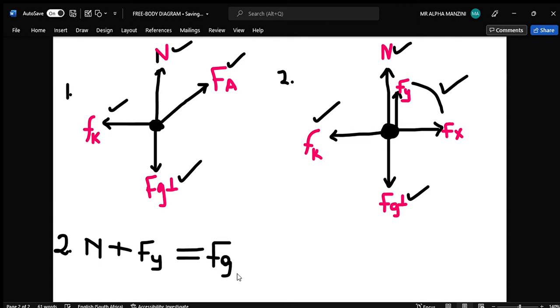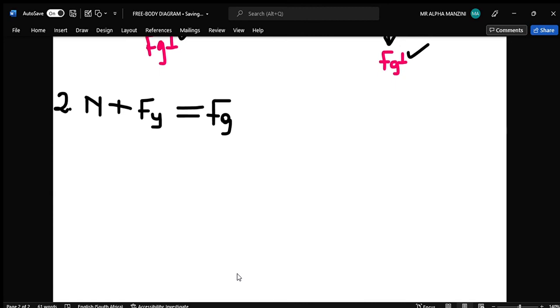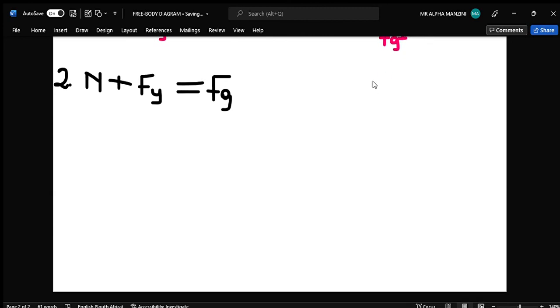So let's not forget that Fg is equal to mg. Since mg is a mass multiplied by gravitational acceleration, which is 9.8.